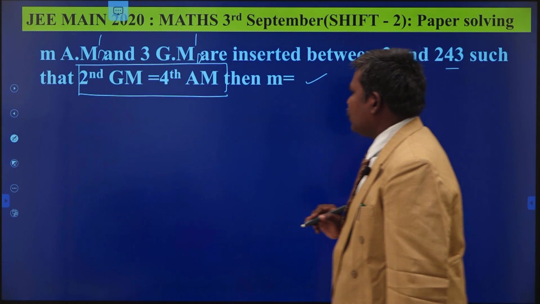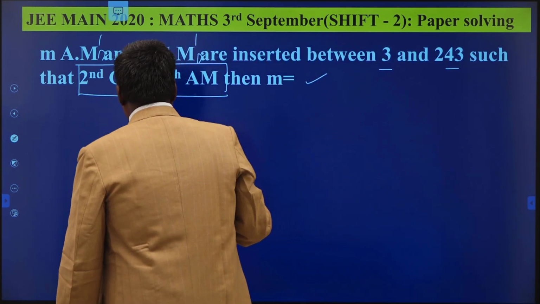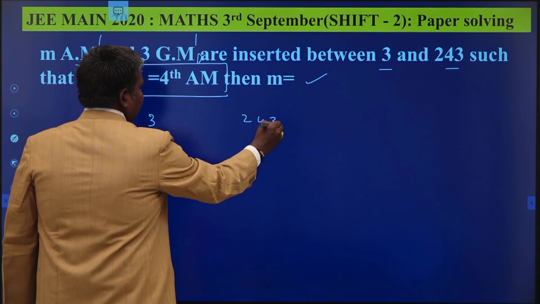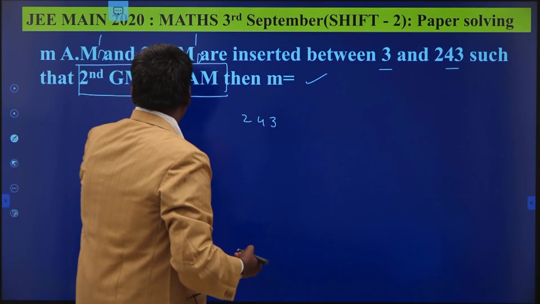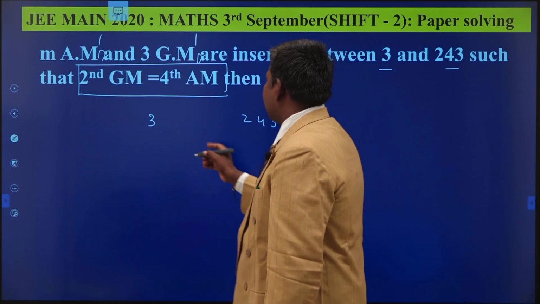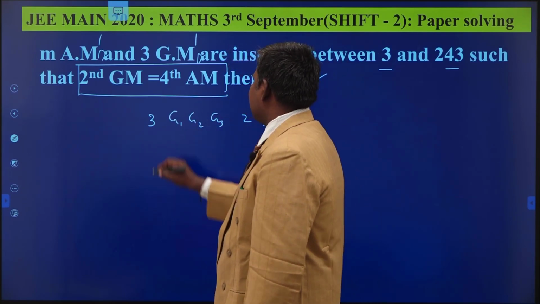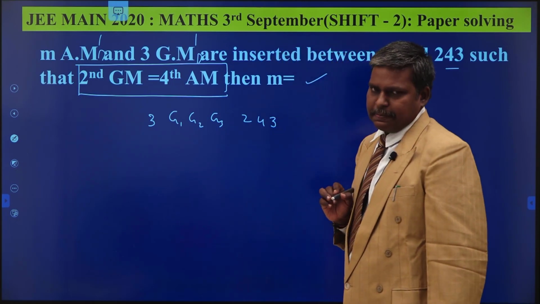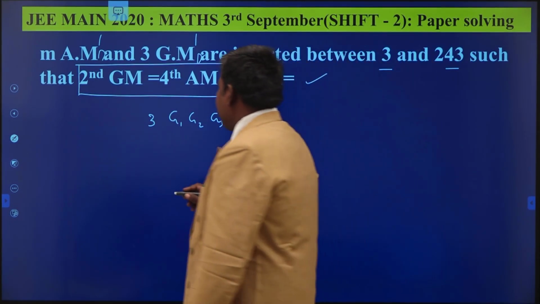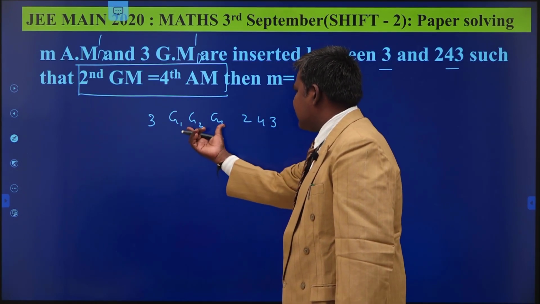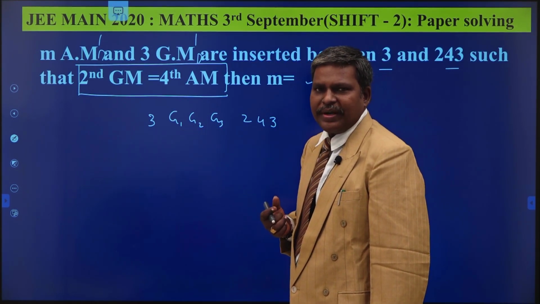So what are the two numbers here? 3 and 243. How many geometric means are involved between these two numbers? 3 geometric means. Suppose G1, G2, G3 are the 3 geometric means between them. So these 5 numbers are in geometric progression, then these 3 numbers are said to be geometric means.